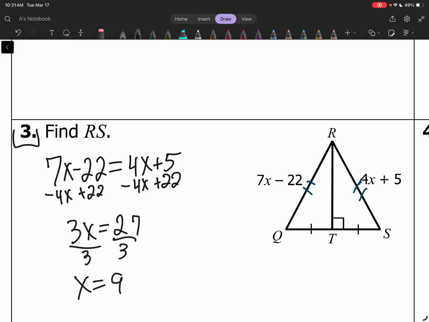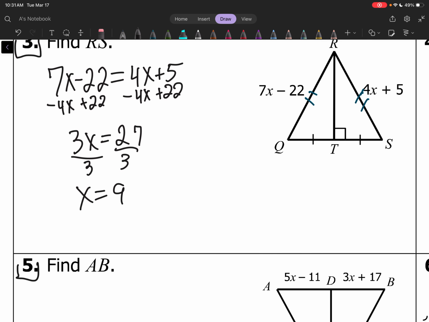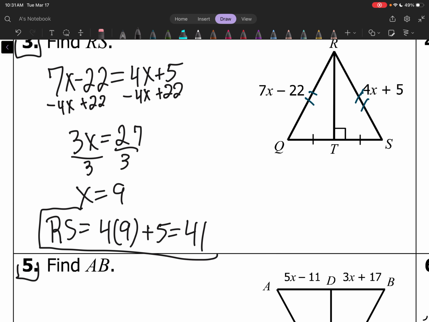My x value is 9. I need to plug this back in order to find RS. RS is equal to 4x plus 5, so 4 times 9, which is 36, plus 5 is 41 units long. There is my answer. I'm finished.